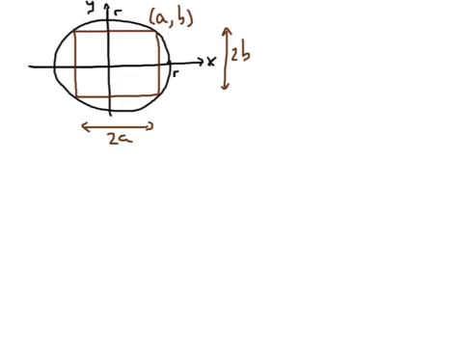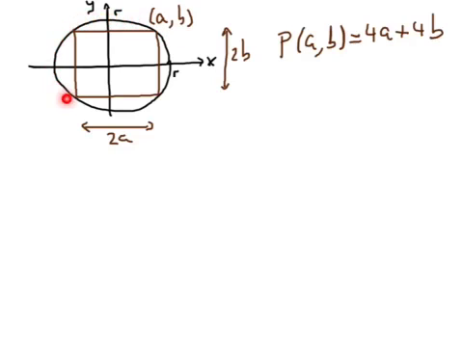And our perimeter, as I have said, is 4 times a plus 4 times b. Now this looks as though it is a problem with two variables, a and b. But actually a and b are related, and there are many problems like this in calculus.